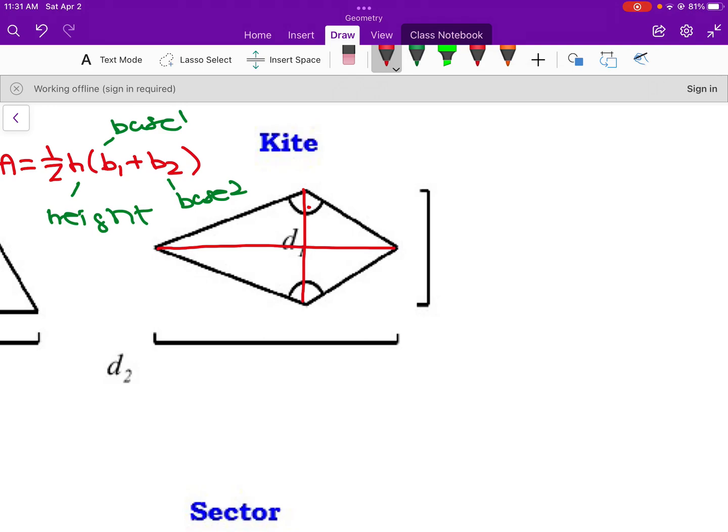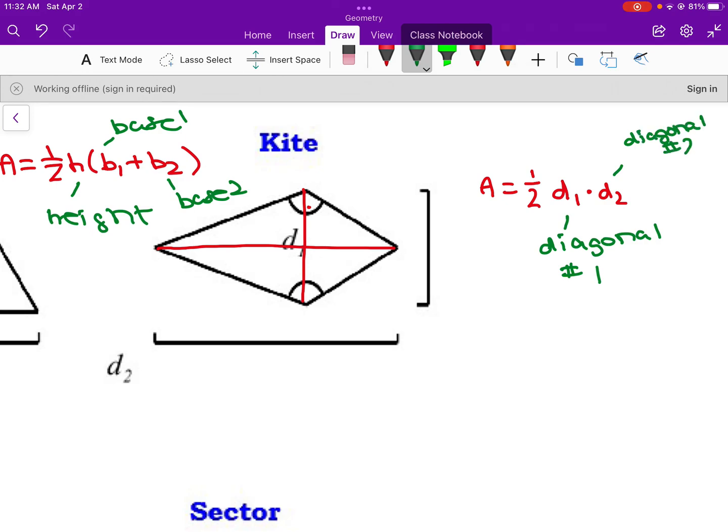If I write this out here, the area equals 1/2 of diagonal 1 times diagonal 2. So we're taking a product of both of those diagonals and then dividing it in half. So diagonal number 1, this guy being diagonal number 2.